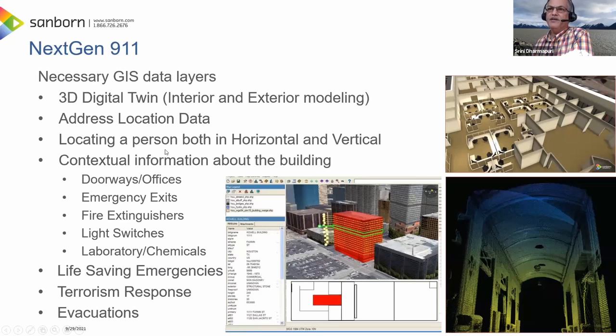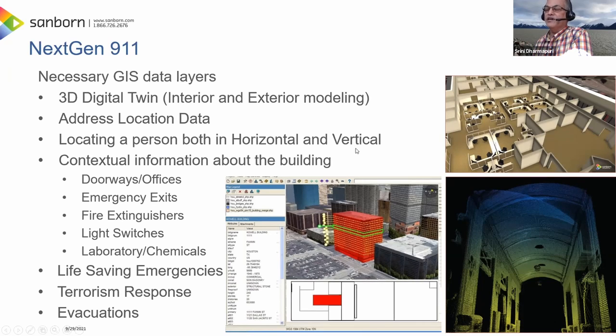This is another critical area where we see the digital twin having an important role. Once we have a 3D digital twin, modeling both the interior and exterior of a building, and we have the address location data, one of the critical things people expect in the current scenario is locating a person in both the horizontal and vertical dimensions.